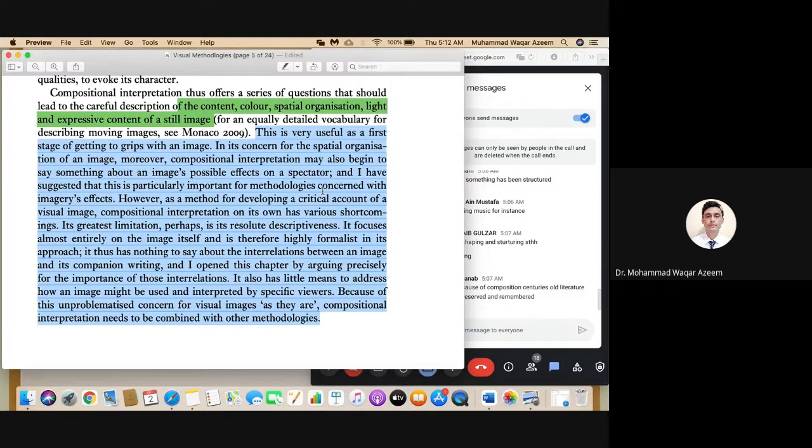It thus has nothing to say about the interrelations between an image and its companion writing. And I opened this chapter by arguing precisely for the importance of those interrelations. Right? It has little means to address how an image might be used and interpreted by specific viewers. Because of this unproblematized concern for visual images as they are, compositional interpretation needs to be combined with other methodologies.